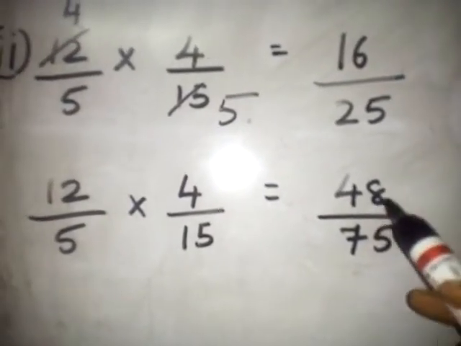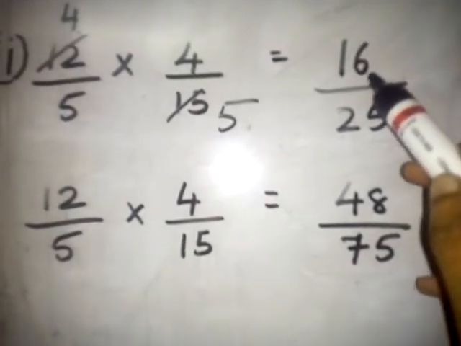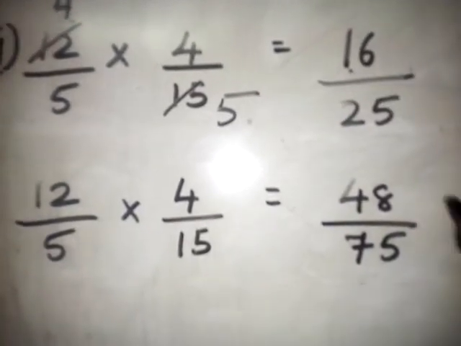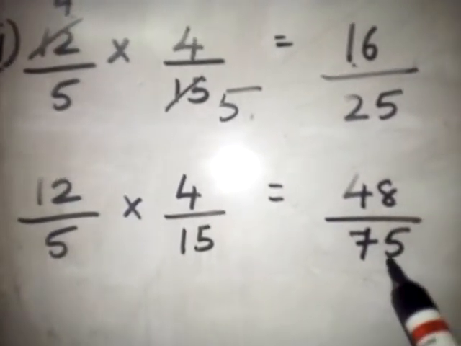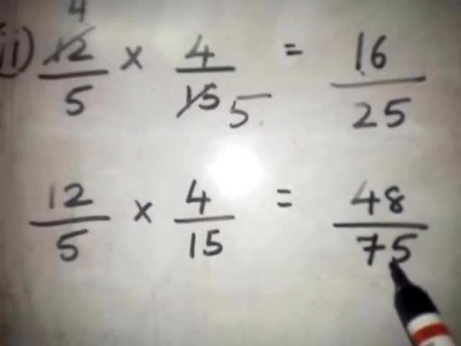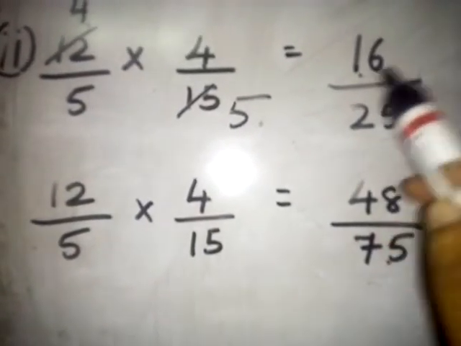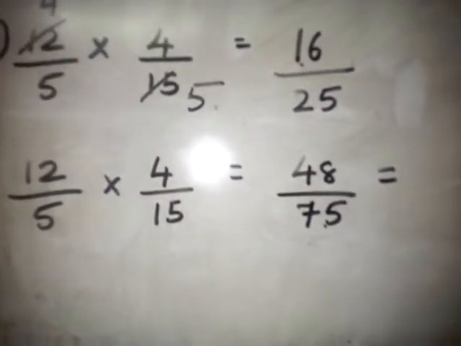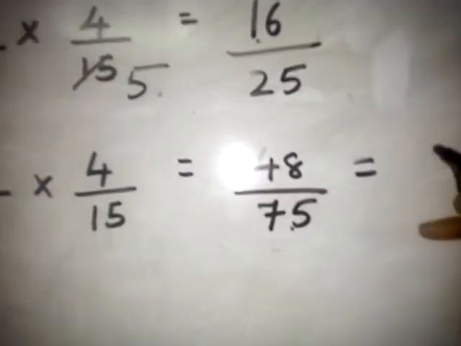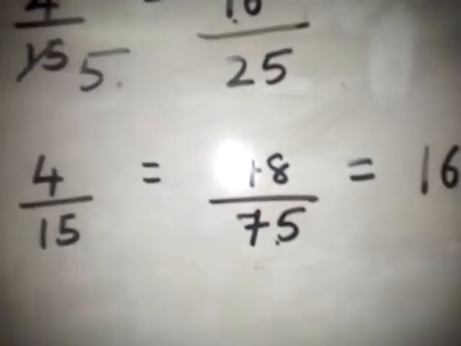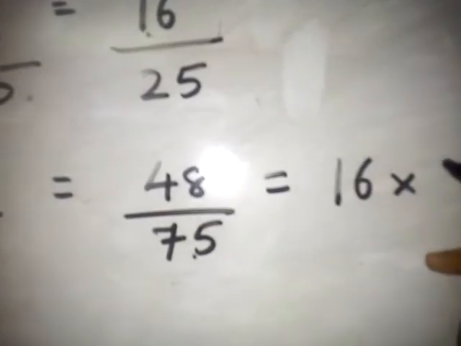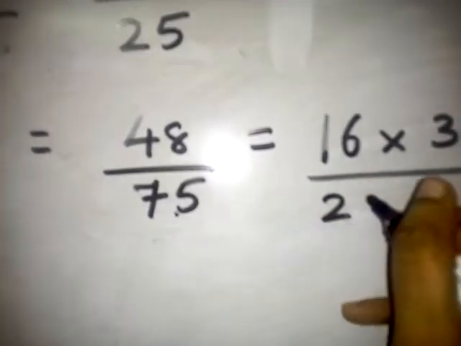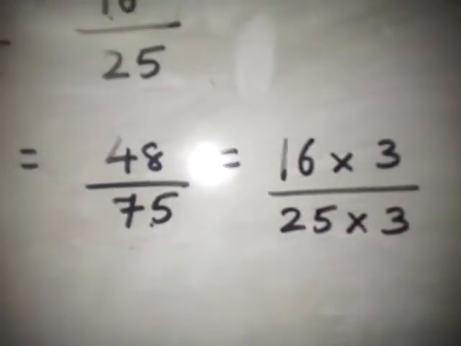Here 48 and 75. 48 is in the 16 table, okay, and 75 is in the 25 table. So both should be divisible by 3. 16 3s are 48. 25 3s are 75.